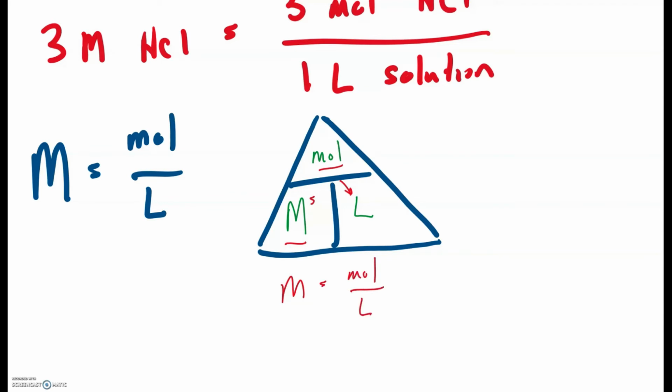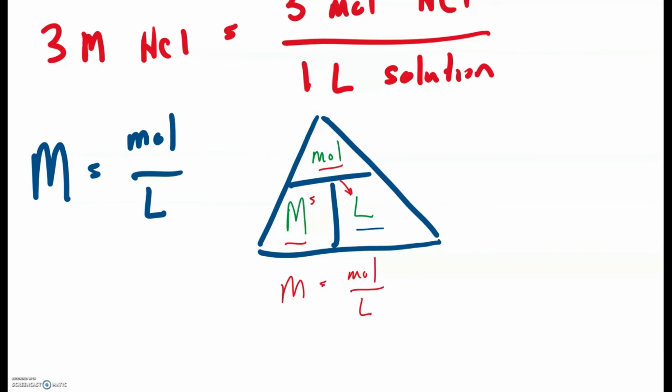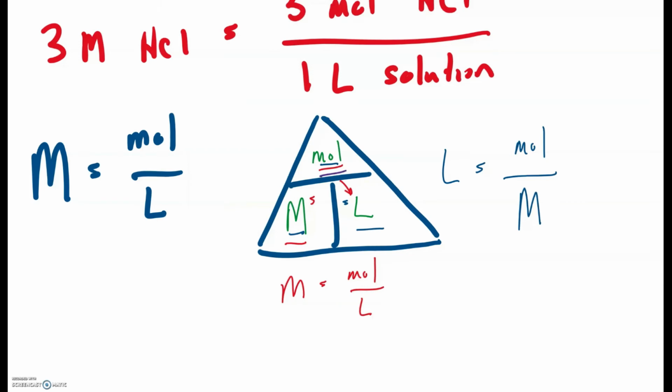If I was going to ask you to calculate volume in liters, you would say that liters is equal to moles over molarity. And finally, if I was going to ask you to calculate how many moles, you would say that moles is equal to molarity next to liters, which is, of course, multiplying.